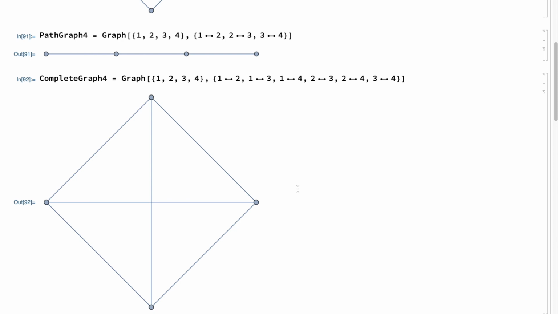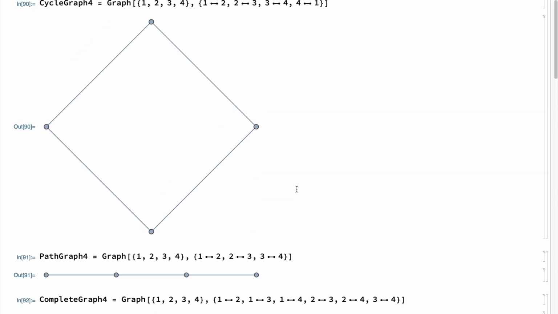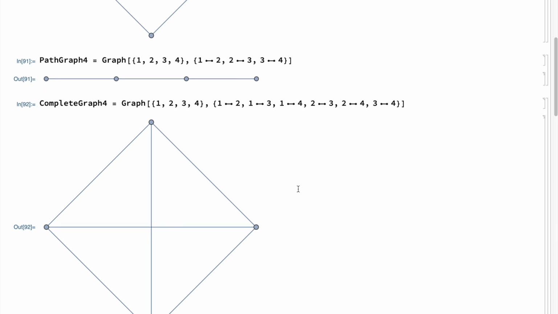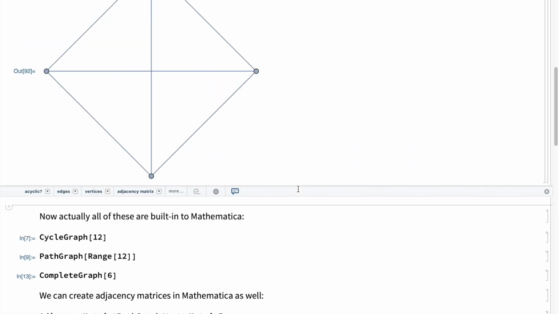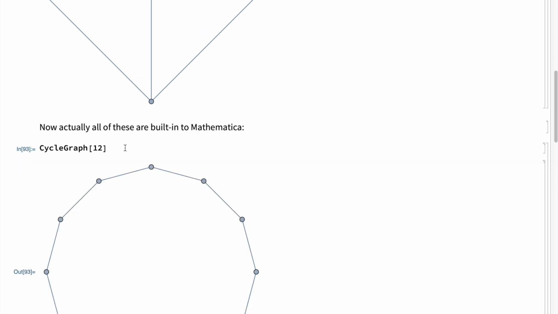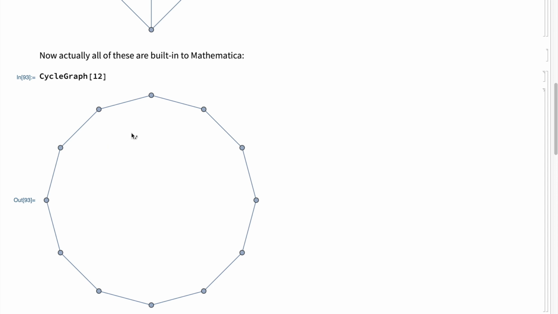Now actually, the cycle graph, the path graph, and the complete graph are common enough mathematical objects that they're built into Mathematica itself. So for instance, if we want a 12-vertex cycle graph, we type cycle graph 12, or cycle graph 153.